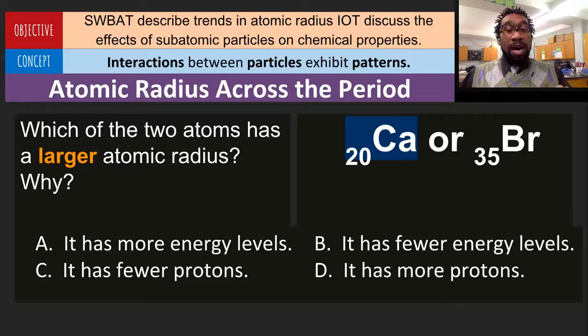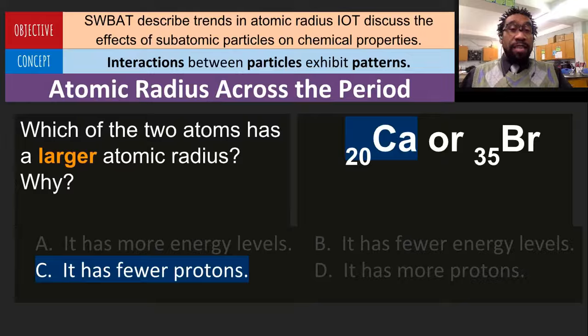Why is calcium larger in atomic radius than bromine? The answer is because it has fewer protons. Remember, if you don't have as many protons and you're in the same period, then you have a weaker attraction for the electrons and you don't hold on to them as tightly.